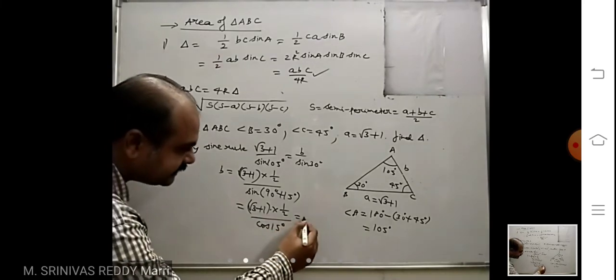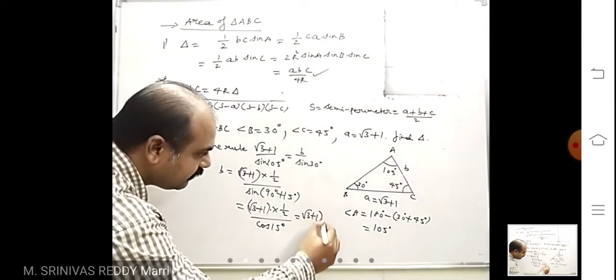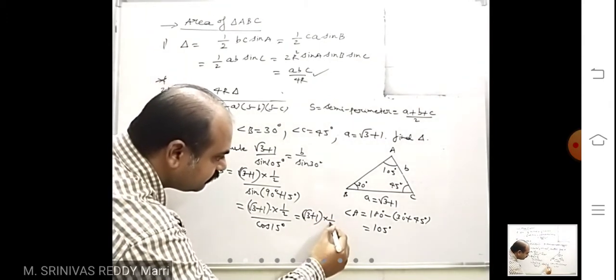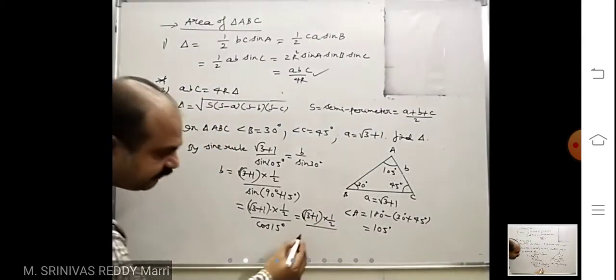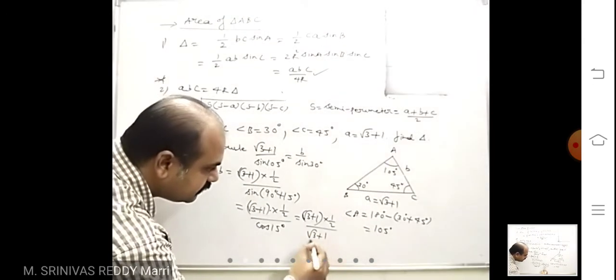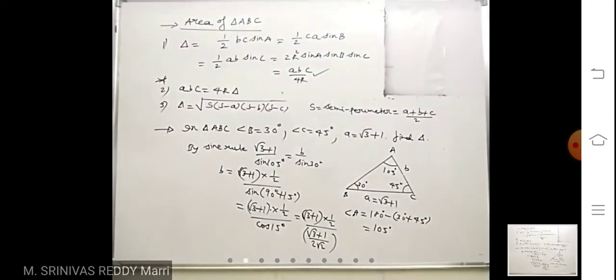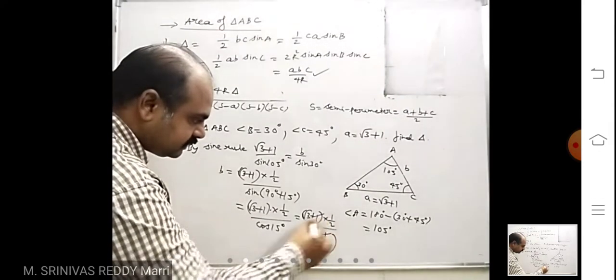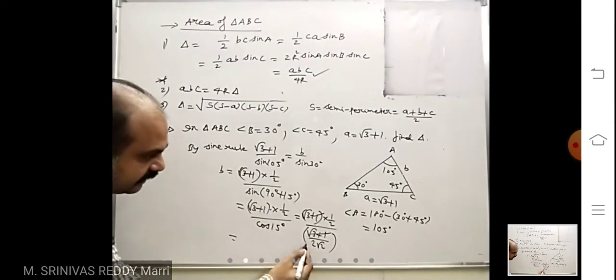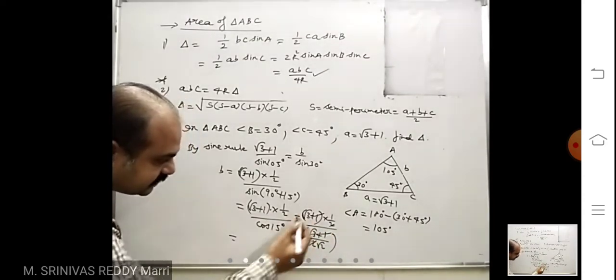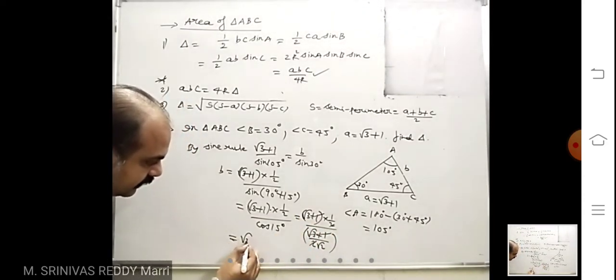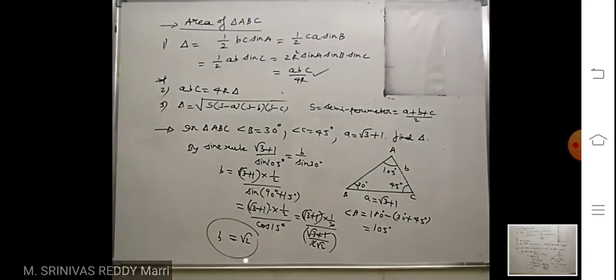Cos 15 degrees is nothing but root 3 plus 1 divided by 2 root 2. Therefore root 3 plus 1 and root 3 plus 1 will get cancelled, this 2 will get cancelled, this root 2 will come above. So b equals root 2. So I got the b value.